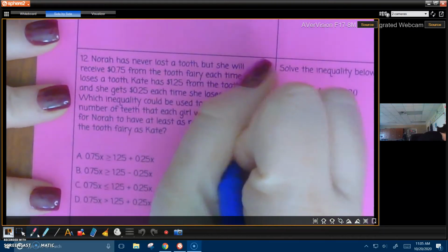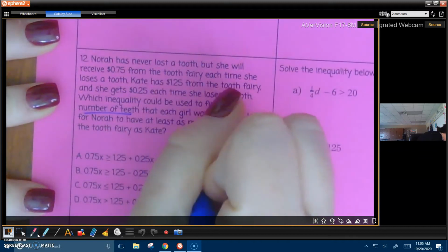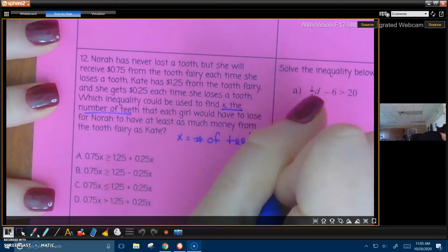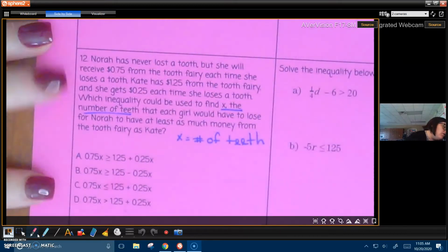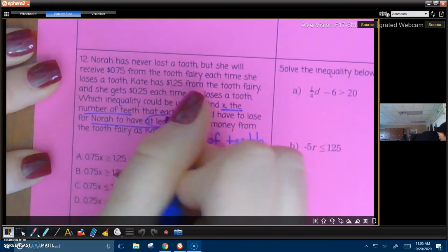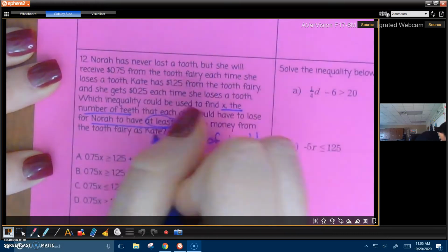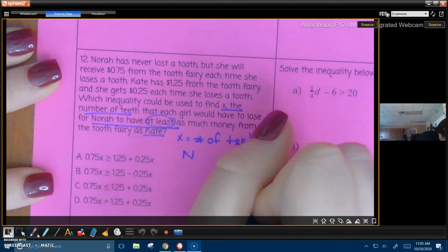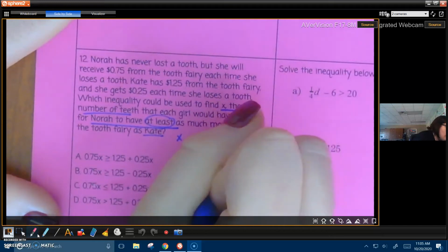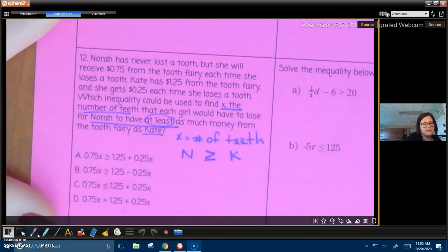So our variable represents number of teeth that each girl would have to lose for Nora to have at least as much as Kate. So at least as much means she would have to have more than or equal to what Kate has.